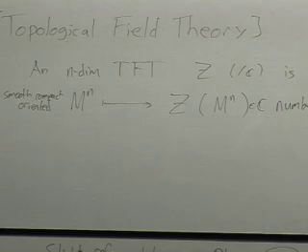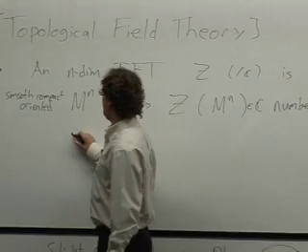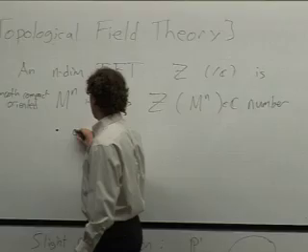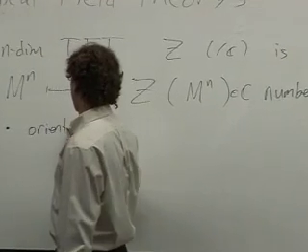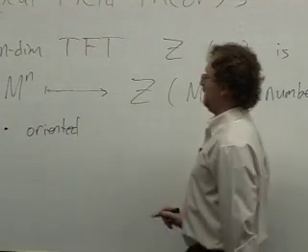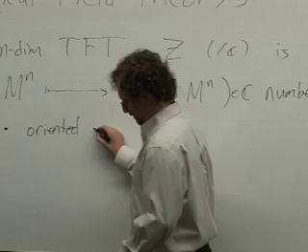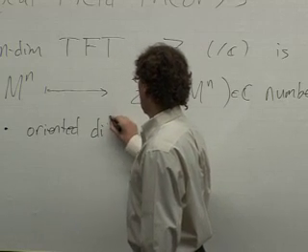So it's a function that assigns to smooth, compact, oriented manifolds numbers. And this has a lot of properties. So one thing is that this should be an invariant, should be functorial. In other words, it should just be an invariant of oriented diffeomorphisms.